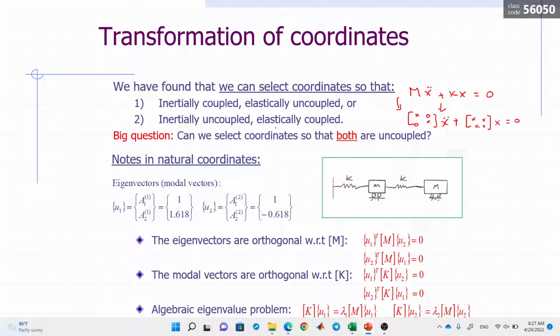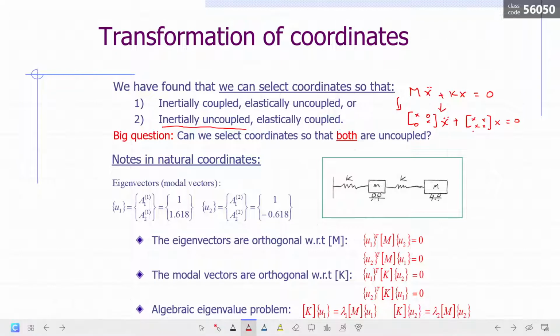This means initially uncoupled. Okay, so if it is initially uncoupled, then it is elastically coupled because here is still coupled.